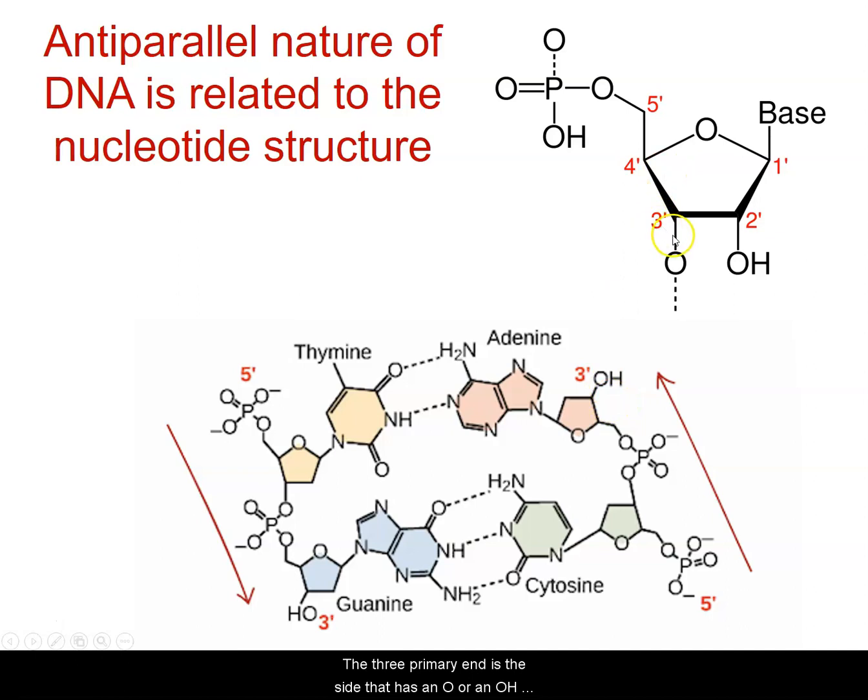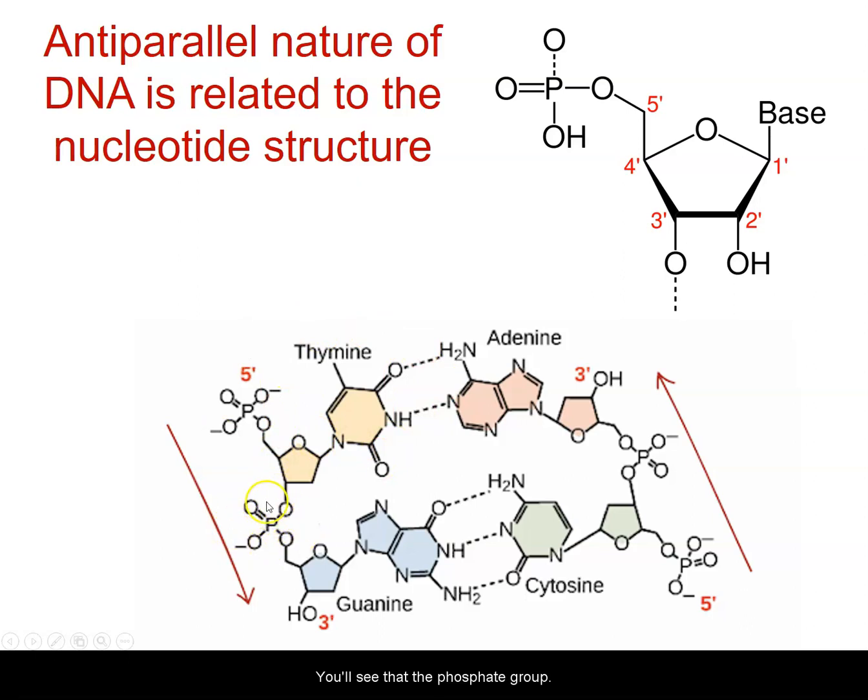The 3' end is the side that has an O or an OH on it. You can see that here. The 5' end generally has a phosphate group on it. So the 3' end of one molecule is going to bond to the 5' end of another nucleotide adjacent to it. You can see that here in the bottom. We have this guanine right next to a thymine.